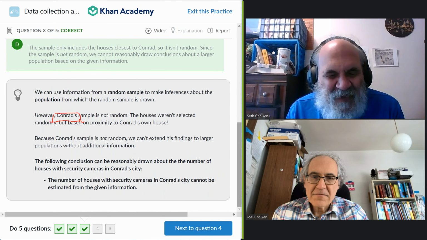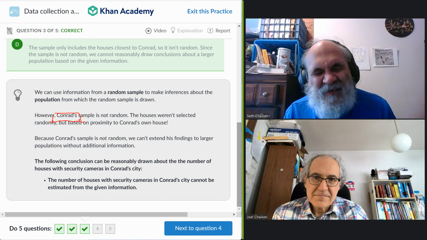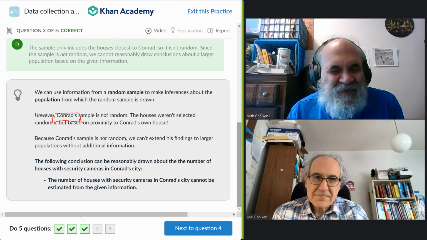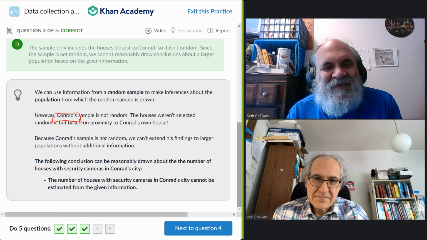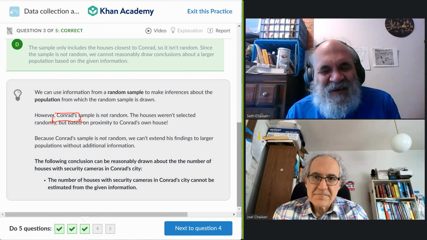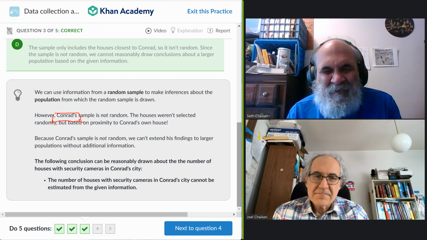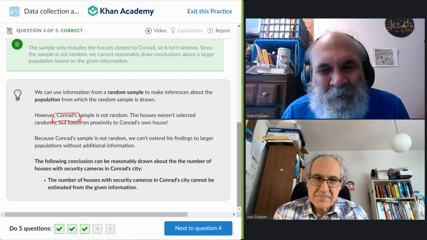What might be on a data analysis question on the SAT is a case of a sample that has some particular property, number one, and two, the question does not say it's random. Remember, in the previous question, they told us that the sample was random.